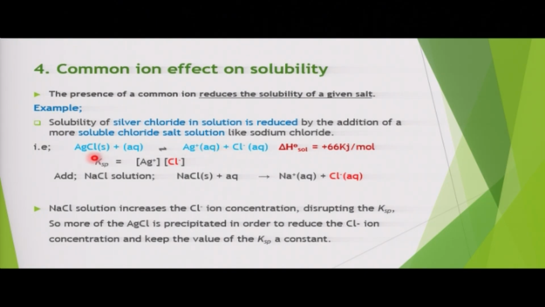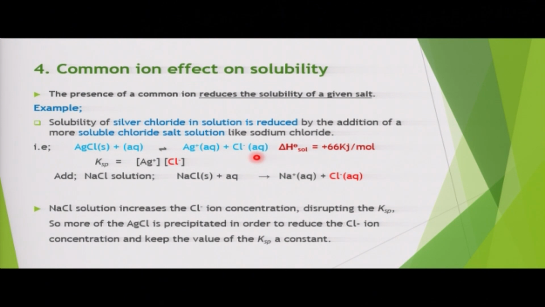You have your silver chloride, which has partially dissolved, giving silver ions and the chloride ions, indicating it has reached an equilibrium. It has stabilized with its KSP. Add something like sodium chloride solution, which brings in the chloride ions. So in this case, the chloride ion is a common ion for both silver chloride and sodium chloride.